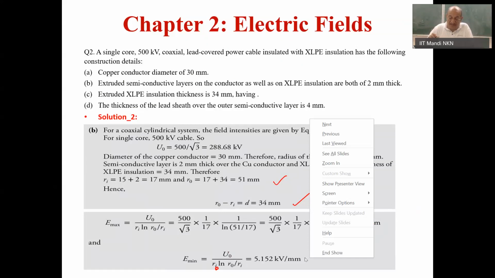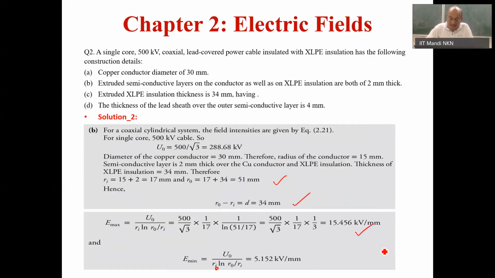That means in the insulation thickness, the minimum field intensity will be at the outermost dimension of the insulation, or RO. So something very interesting you work out.